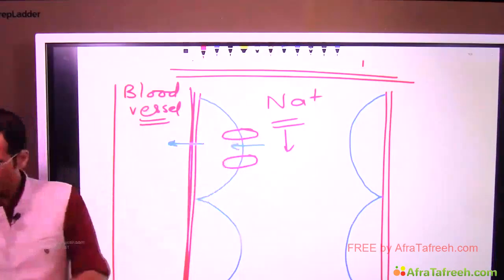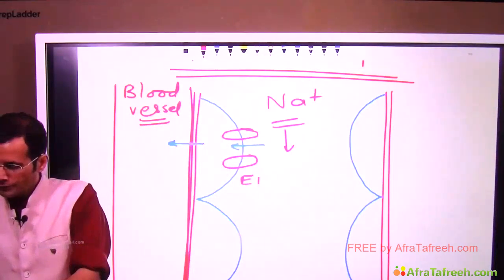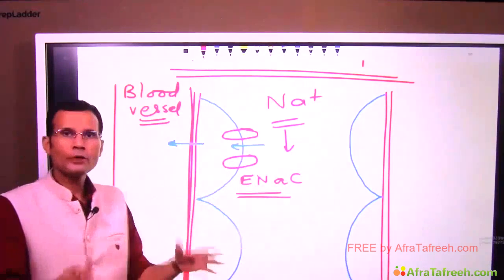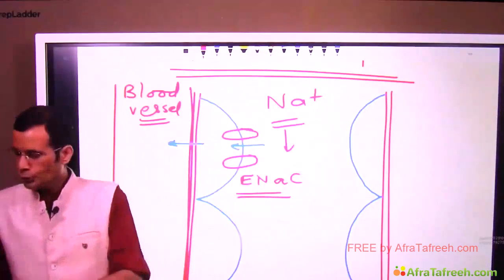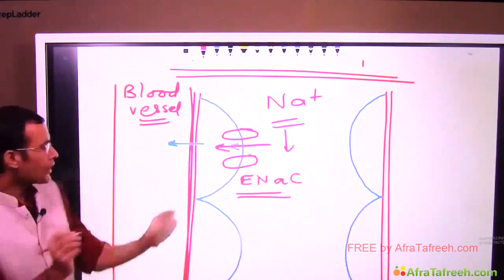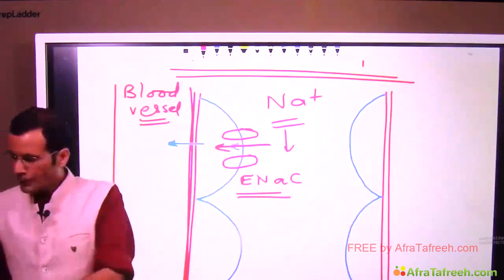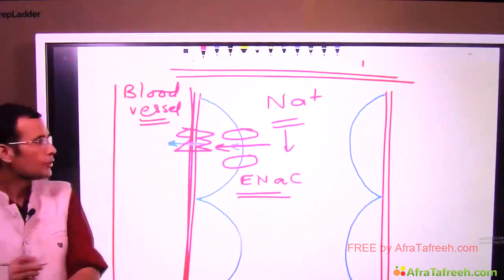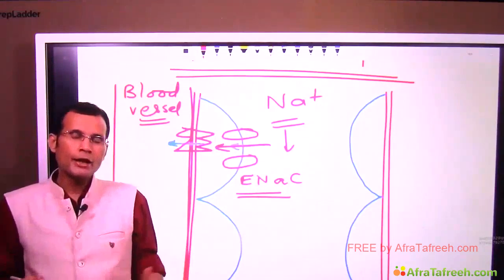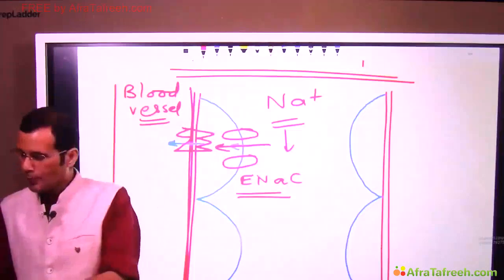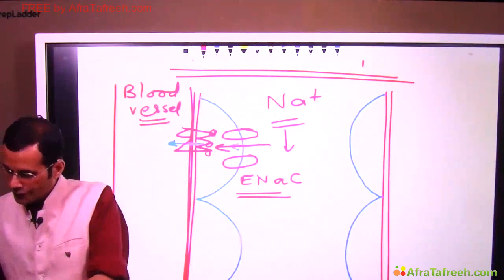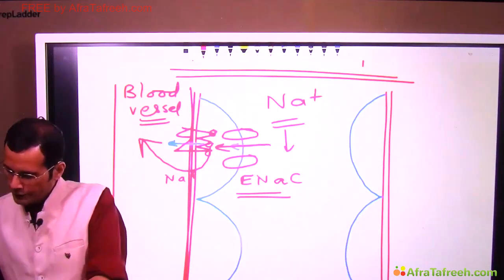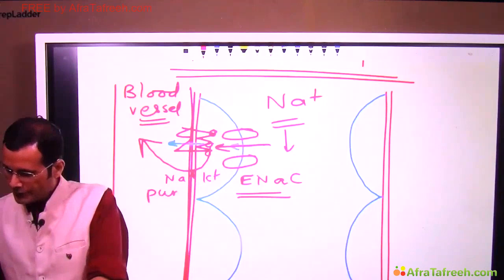So on the apical membrane there is a channel called ENaC, epithelial sodium channel, or amiloride sensitive channel. Sodium from the lumen will enter the cell via this channel, ENaC. Then on the basolateral side there is the sodium potassium pump, sodium potassium ATPase, and you know the function of the sodium potassium pump is it removes the sodium from inside the cell and sends it out.